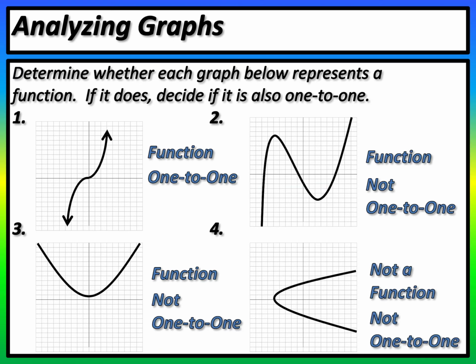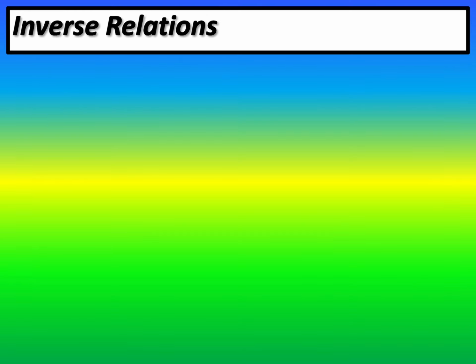Long story short, knowing what the shape of the graph looks like, hint hint, your 12 basic functions, is really going to help you determine one-to-one and function, and that in turn is going to help with inverses being functions.